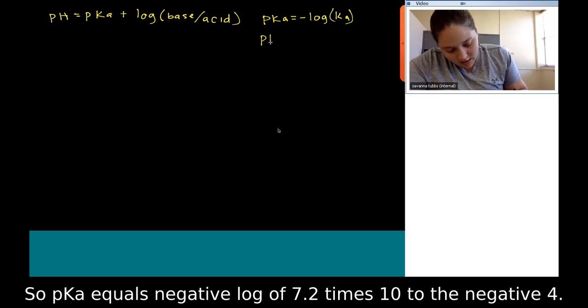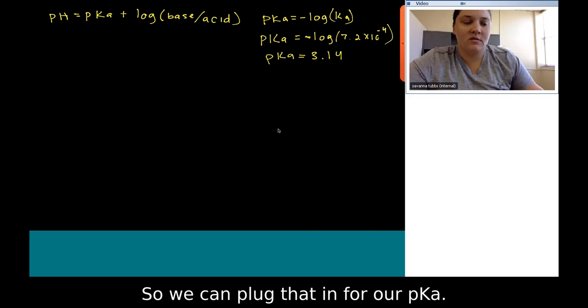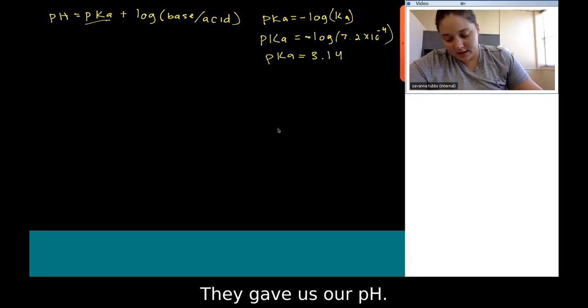So pKa equals negative log of 7.2 times 10 to the negative 4. When we plug that in, we get a pKa of 3.14. So we can plug that in for our pKa. They gave us our pH.